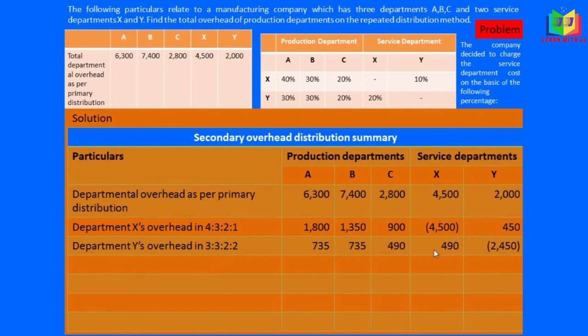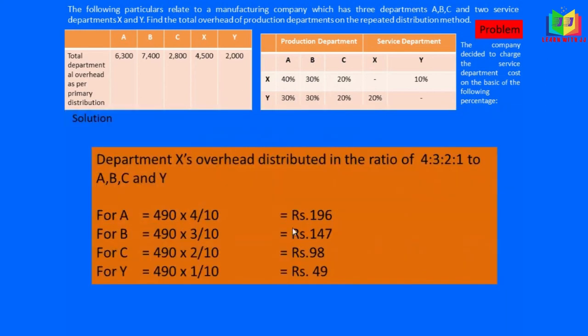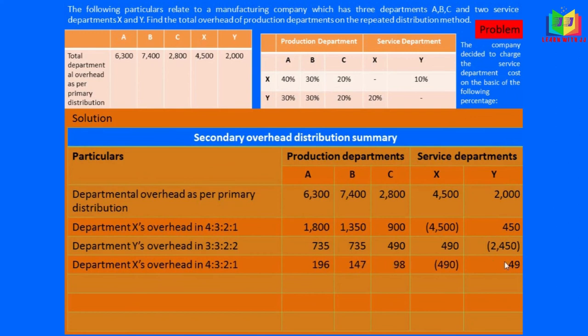Now we have to again distribute this 490 in the ratio of 4:3:2:1. The same ratio is followed here. 490 into 4 by 10 is 196, 490 into 3 by 10 is 147, 490 into 2 by 10 is 98, and 490 into 1 by 10 is 49.